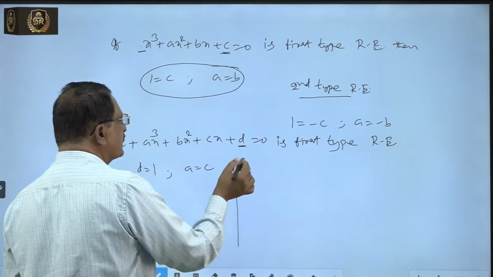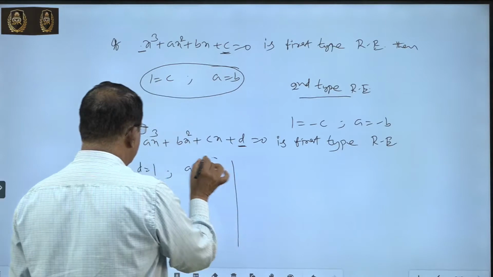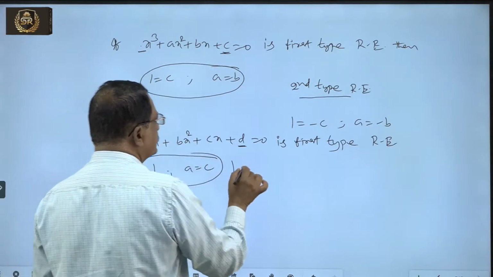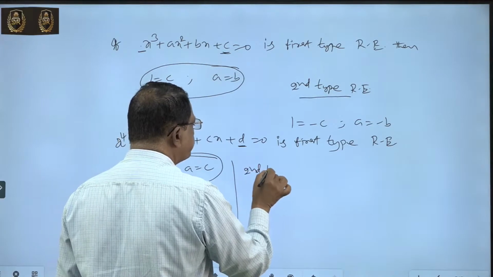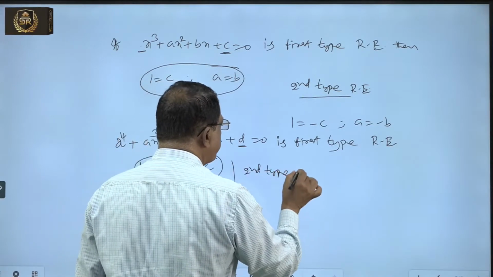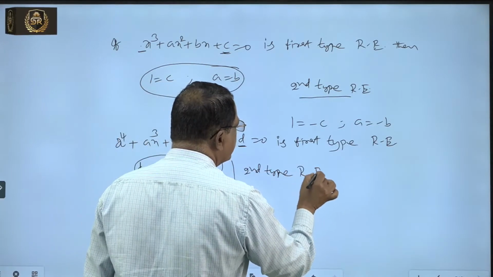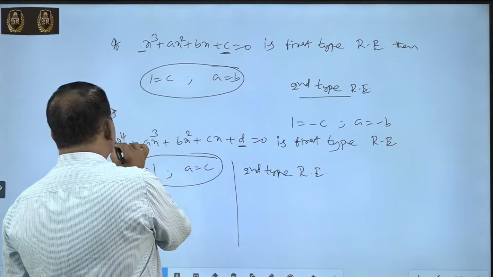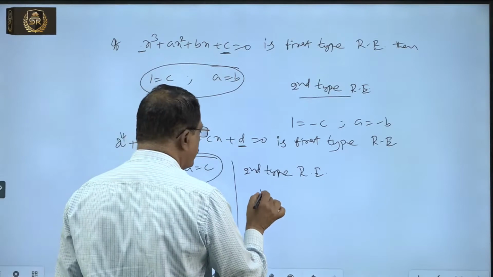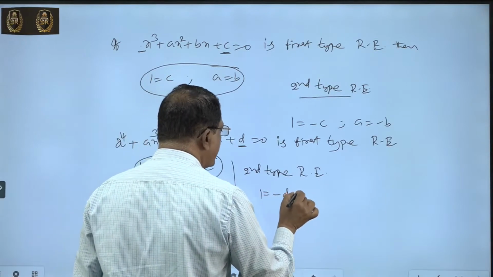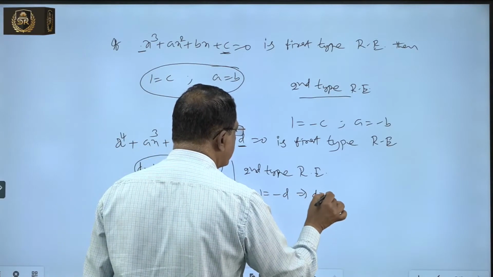If it is a second type reciprocal equation, then the coefficient of x to the power of 4 equals minus the constant term: 1 equals minus d, or d equals minus 1.